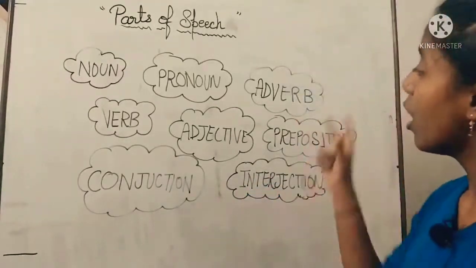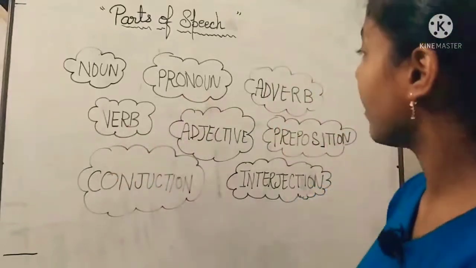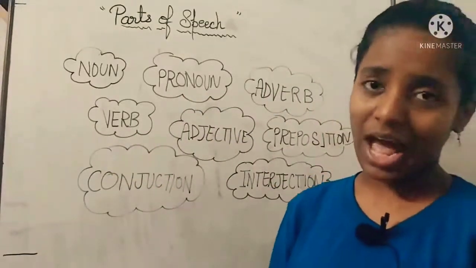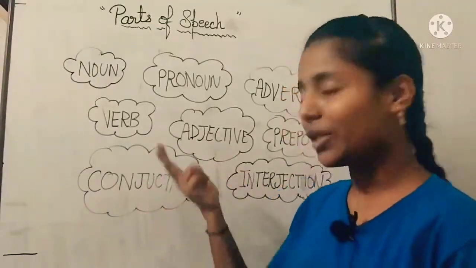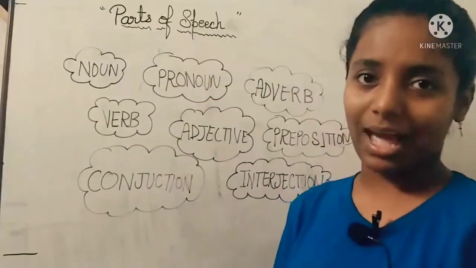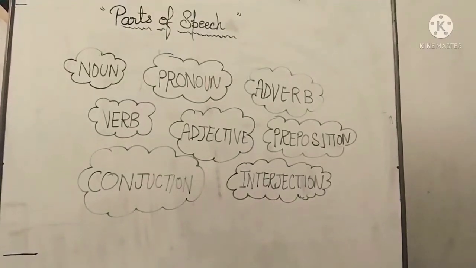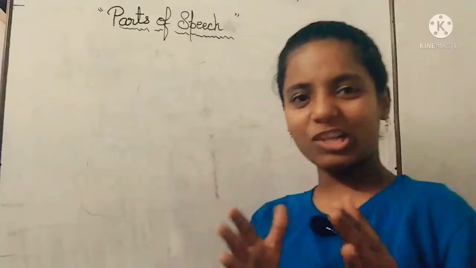We will have a good talk on each and every topic. Hope you understand. So let us begin with the first topic, noun. Before going further, if you want to write with me, you can write the parts of speech, or you can take a screenshot. Hope you have taken the screenshot.